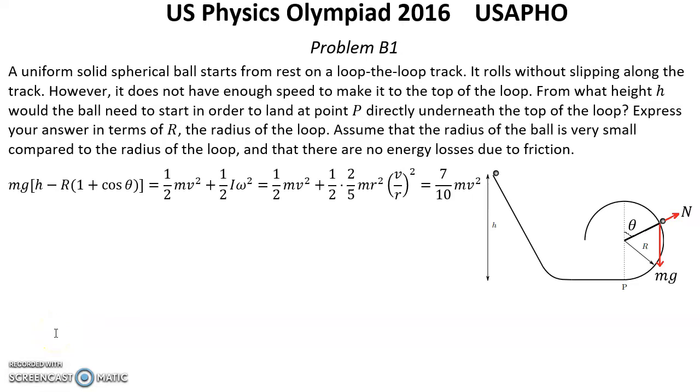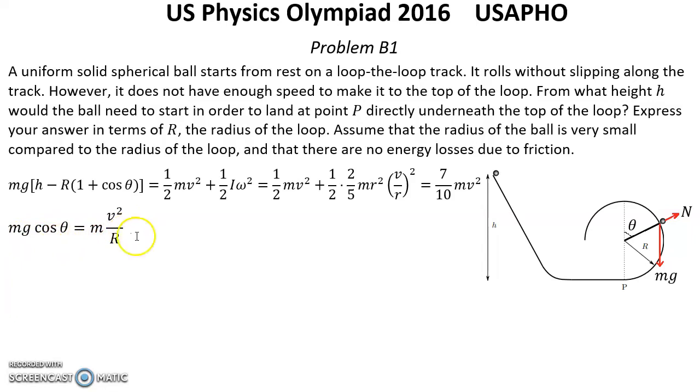The second relation is we can count the moment when this ball leaves the track. This happens when the normal force equals 0. In that moment, because the ball is going by circular motion, we have the total centripetal force created by the projection of the gravity force on the n direction, which is mg cosine theta equal to mv square over r.